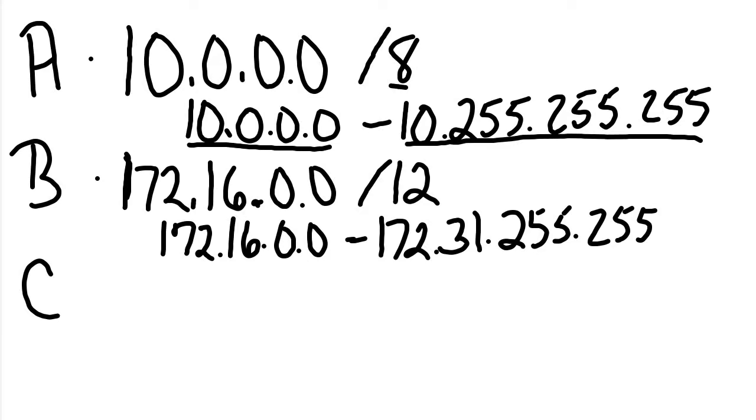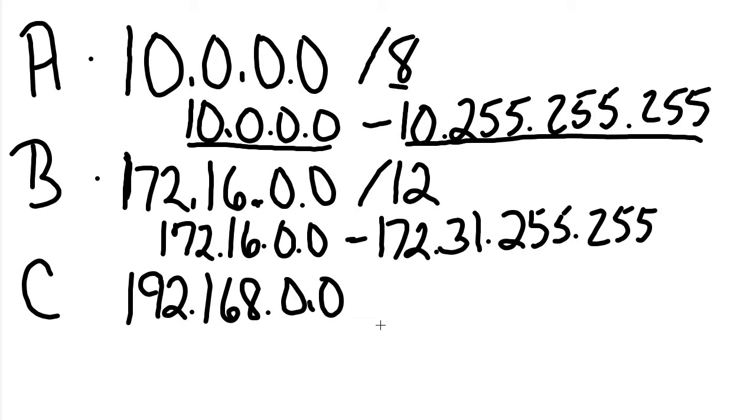All right, our third and final private range. The third range is our C range, and the C range is the network 192.168.0.0 with a subnet mask of /16.